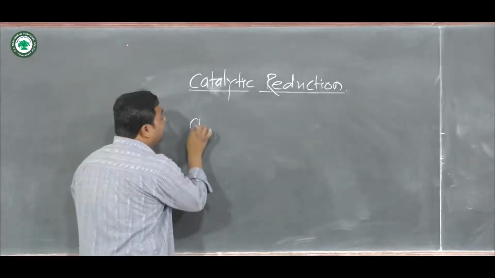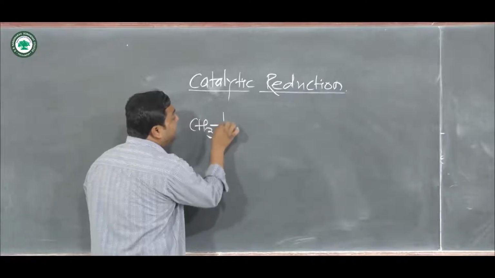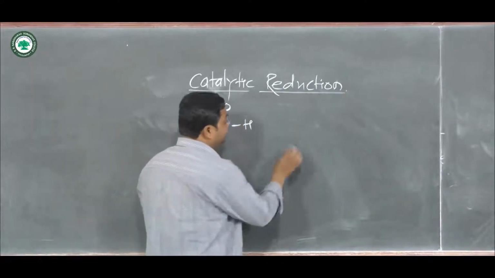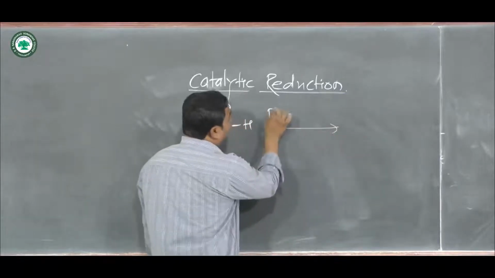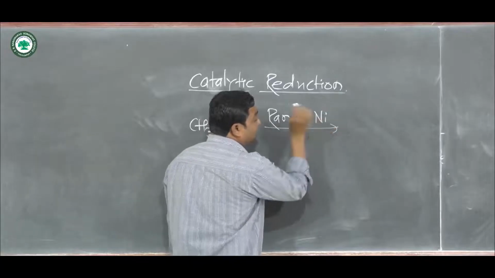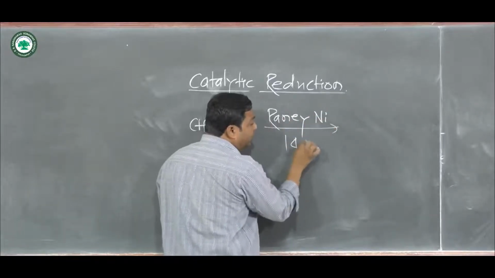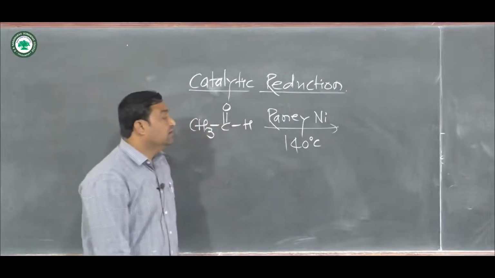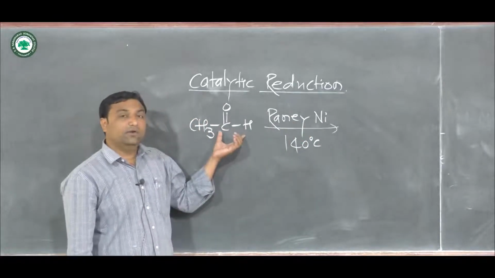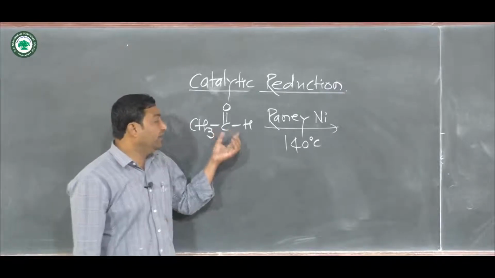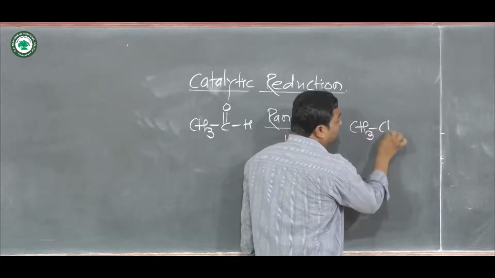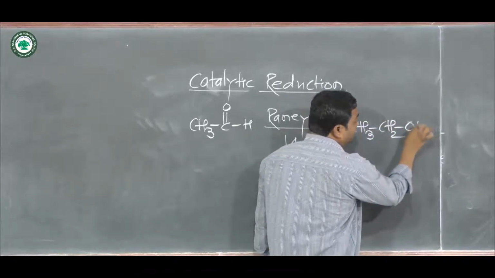When this acetaldehyde molecule, for example, is subjected to Raney nickel at 140 degrees Celsius, this Raney nickel converts this aldehyde molecule, here acetaldehyde, into alcohol, that is our ethyl alcohol.